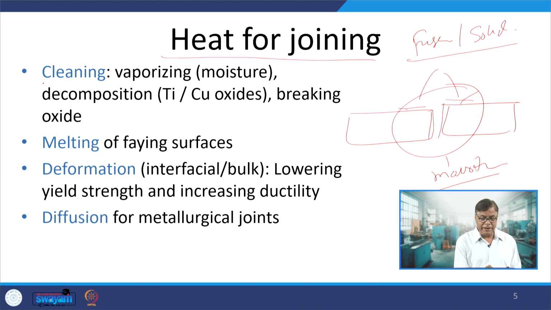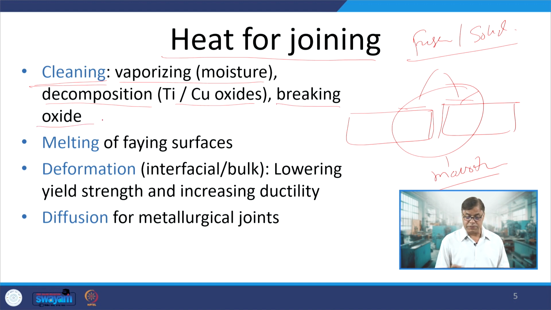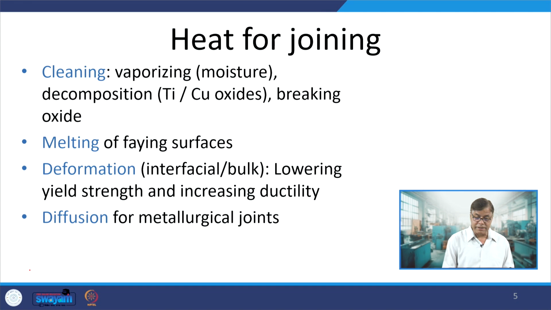So, when the heat is applied, the first thing that happens is the cleaning. Cleaning will be happening like removal of the moisture which is present by vaporizing the water, then thermal decomposition also takes place of certain oxides that helps in self cleaning, and breaking of the oxide. So, one aspect that is related with welding with the application of heat for joining is realization of cleaning. Then melting of faying surfaces.